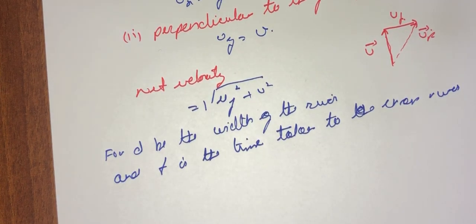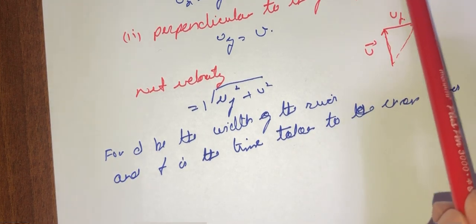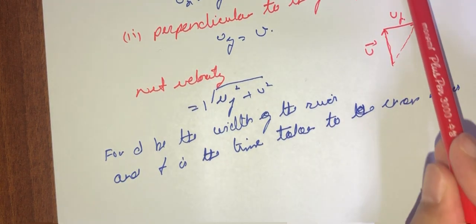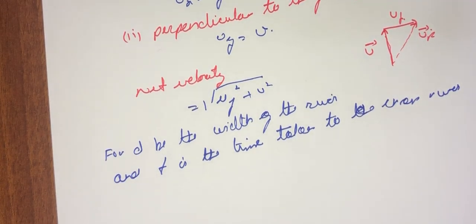So we can say that as the swimmer is swimming across, rather in the direction AB, only one component of the velocity, that is Vy, will be affecting the time t.